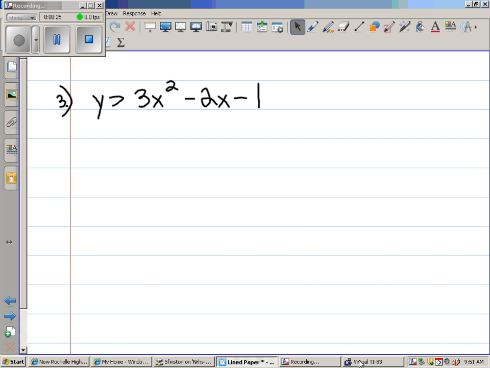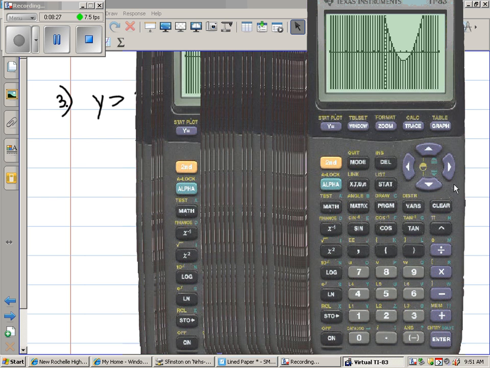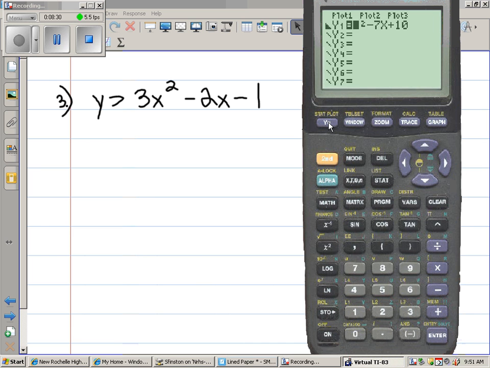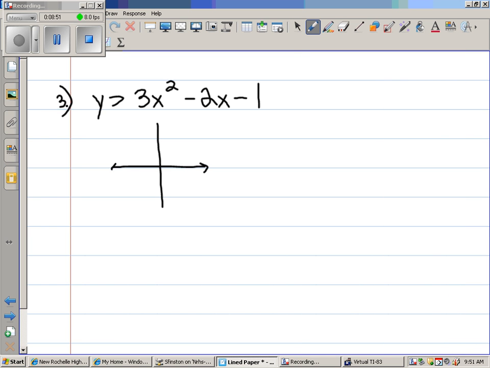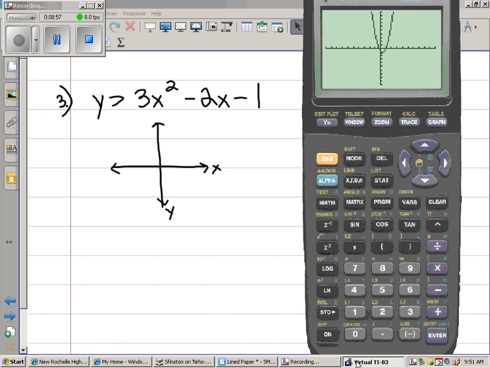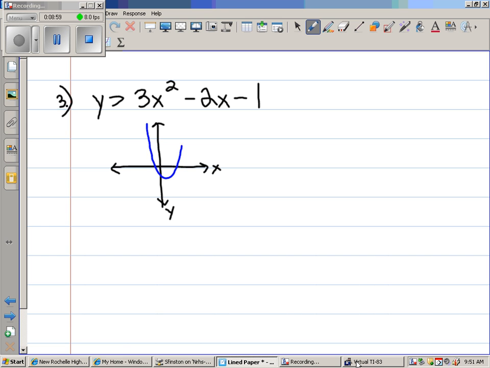First of all, let's just plug the original equation into our calculator: 3x squared minus 2x minus 1. And you could just draw a quick sketch of this on your paper. Suppose I asked you to graph it. You just do this for me for right now, x, y, and it's like this. You know what I mean?